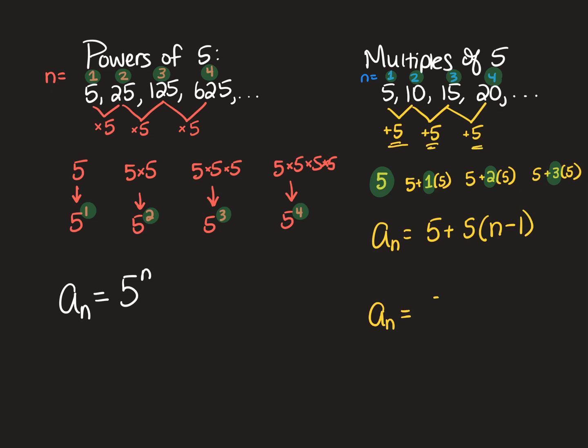That's really just our slope, times n. But our 0 term, well, if this is our first term, is 5. If we work backwards 1 and subtract 5 from that, we get 0. So our 0 term in this case is actually 0. These two things are actually equivalent to each other, and either one of them would be okay. But this is how we can come up with an equation for that.